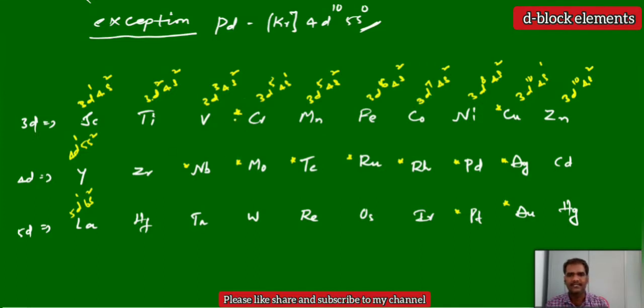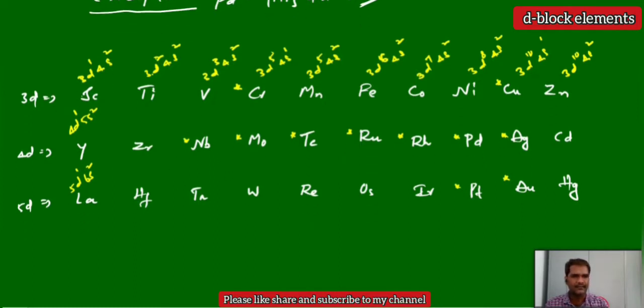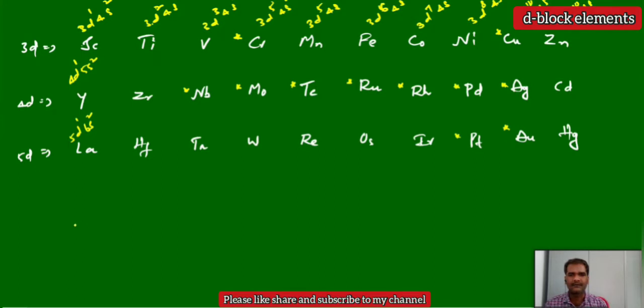In the 3d series, we have two elements that show abnormal electronic configuration, due to stability. Similarly the remaining elements, niobium, molybdenum, technetium, ruthenium and so on, and you can easily identify the abnormal electronic configuration of these elements.